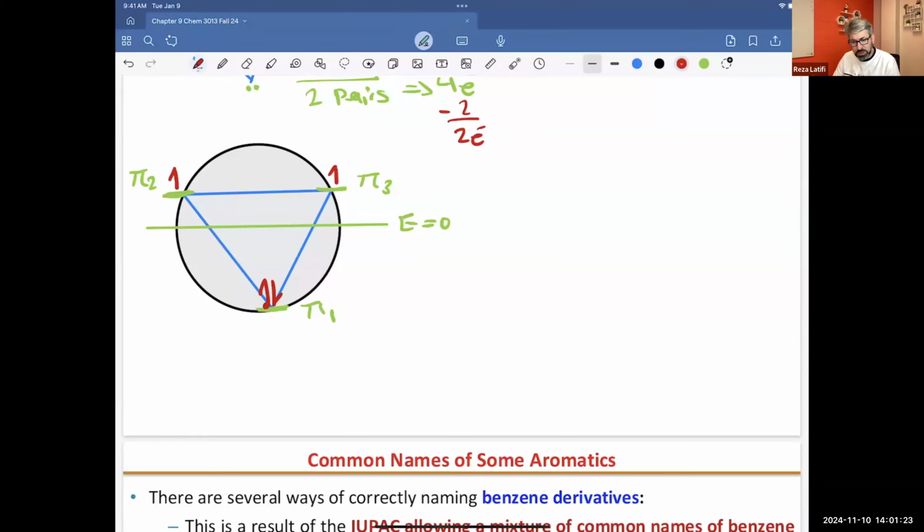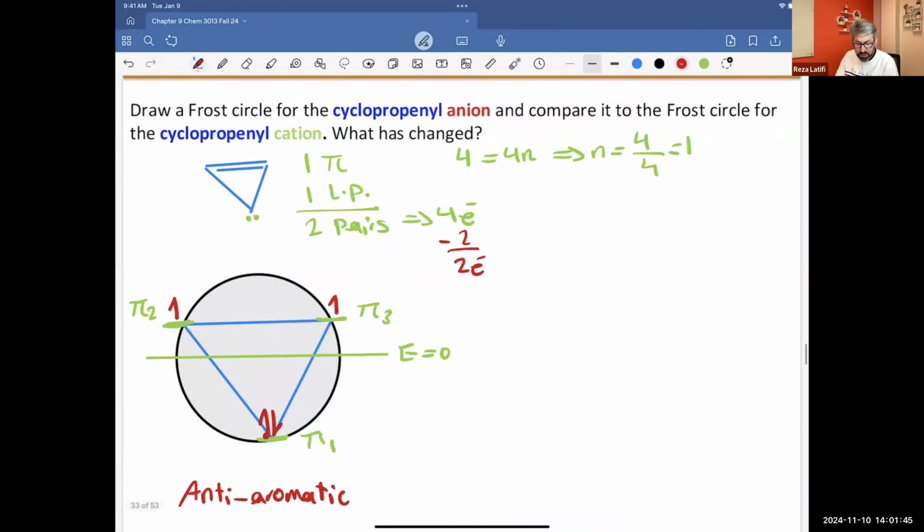So now I have 1 orbital that is fully occupied and 2 that are singly occupied. If you get singly occupied orbitals, the system will be anti-aromatic.